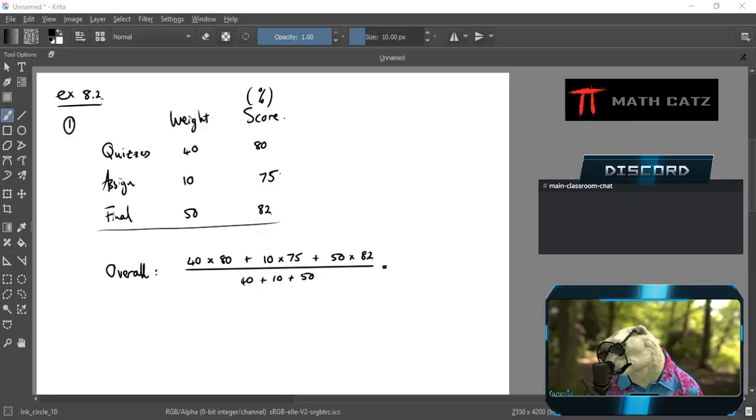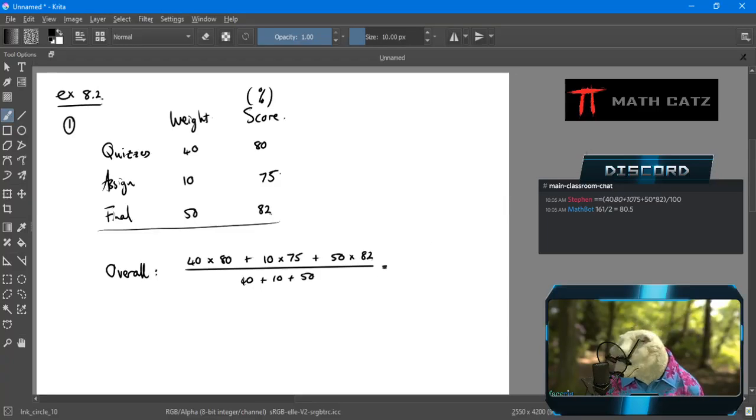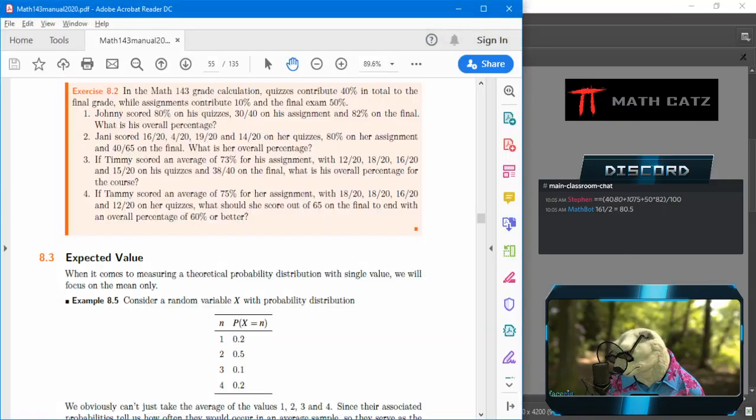40 times 80 plus 10 times 75 plus 50 times 82. And I can just divide it by 100. What do we get? 80.5. And of course, that'll be the same unit as the score unit. Is that even what they asked? What is his overall percentage?